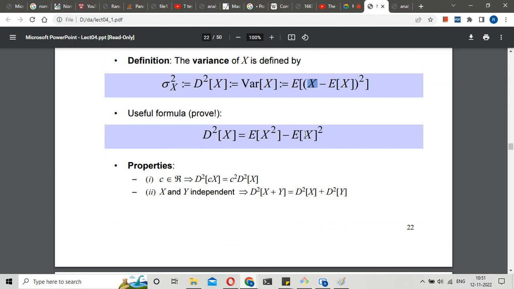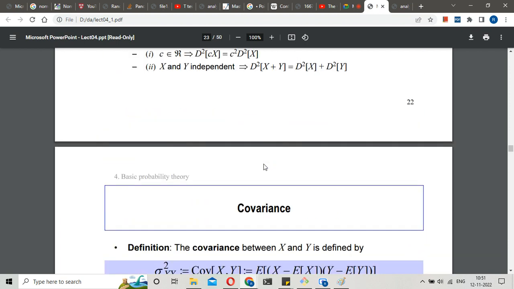So first you calculate the expectation of X and take its square, and the other one is to get the expectation of the square and calculate the difference.